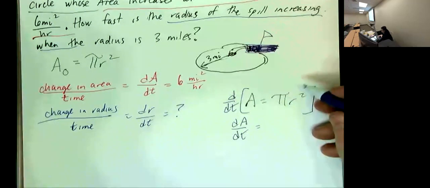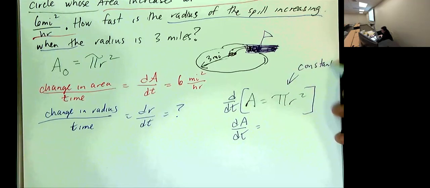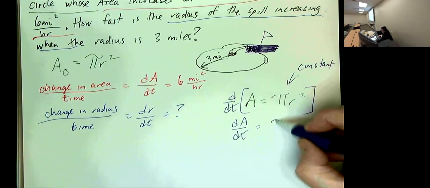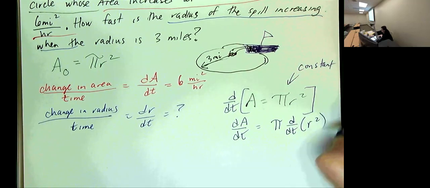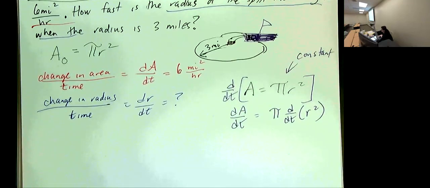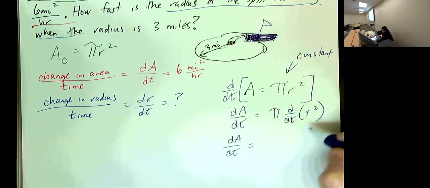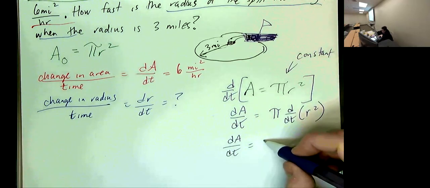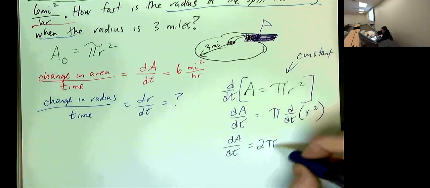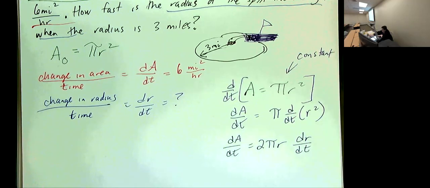That's a lot of work. Pi is constant, so constants can come outside the derivative. In fact, I'm going to write it in 2 steps just to remind you. The derivative of r squared is 2r, so I'm going to write 2 pi r. And then I got the derivative of r, which is dr dt.